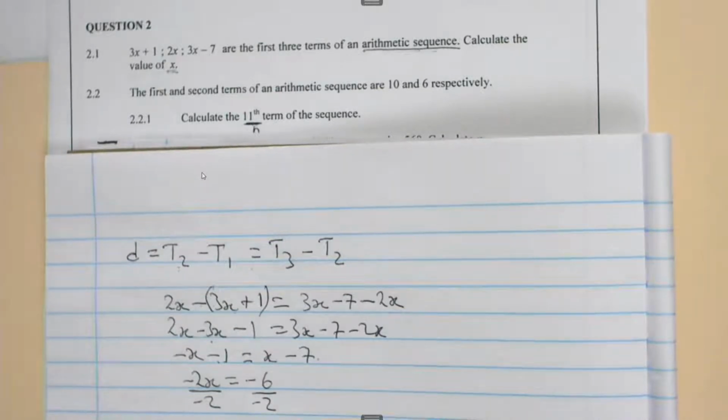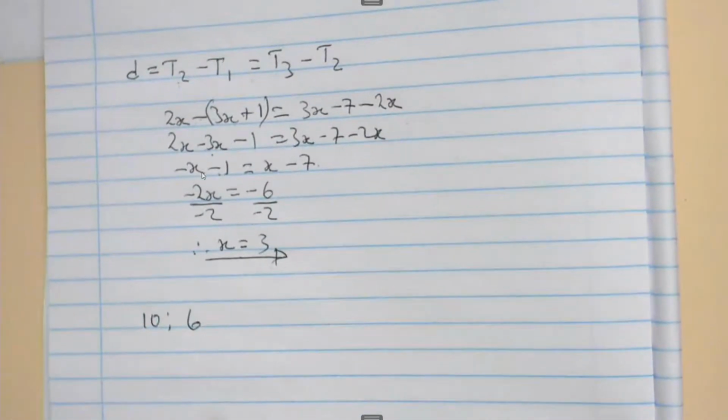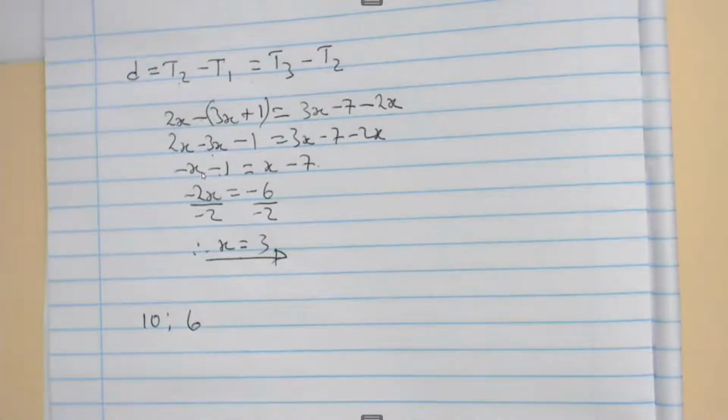The general term of an arithmetic sequence, if we have two terms, 10 and 6, because we are told that this is an arithmetic sequence, we are sure that the difference between these two terms would be constant for all the terms.